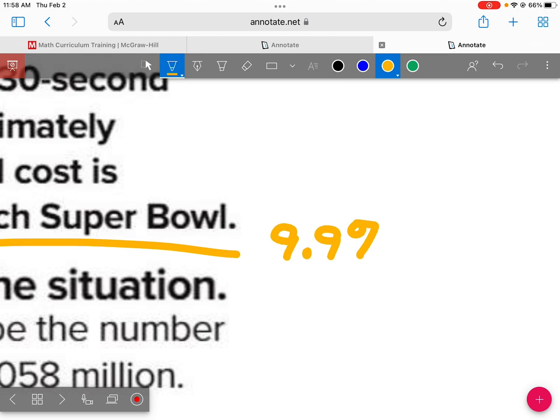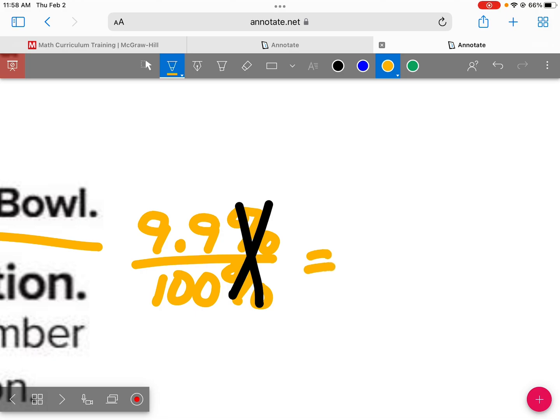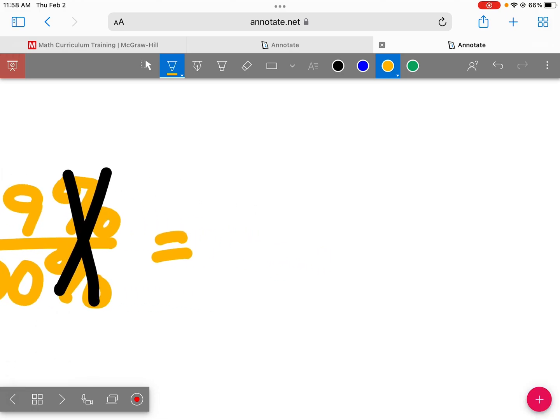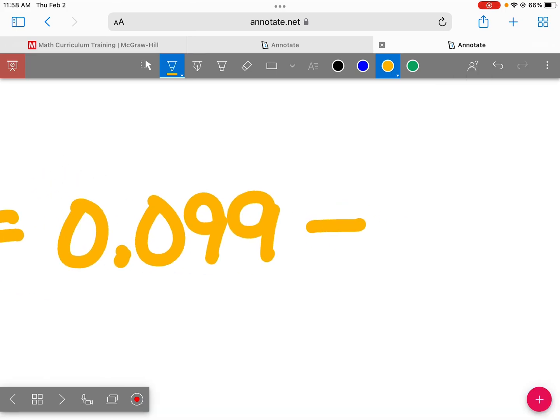How do I change it into a number without a percent sign? Divide it by 100%. So that makes my percent signs cancel out. What do I get when I divide those two? 0.099. This is R.